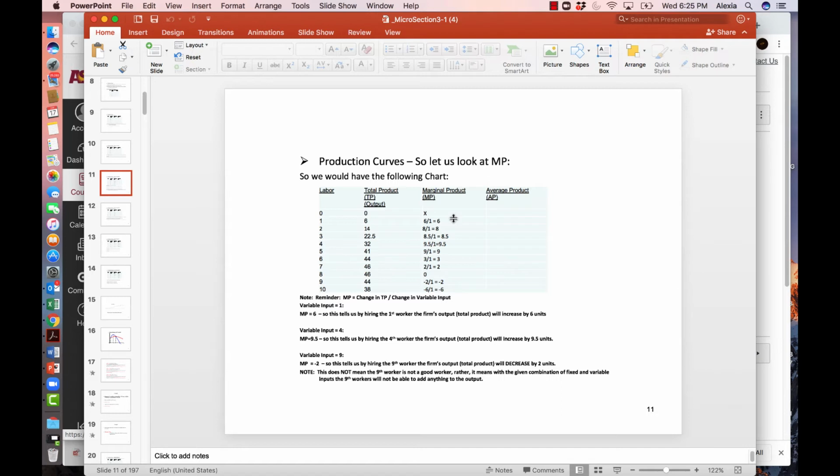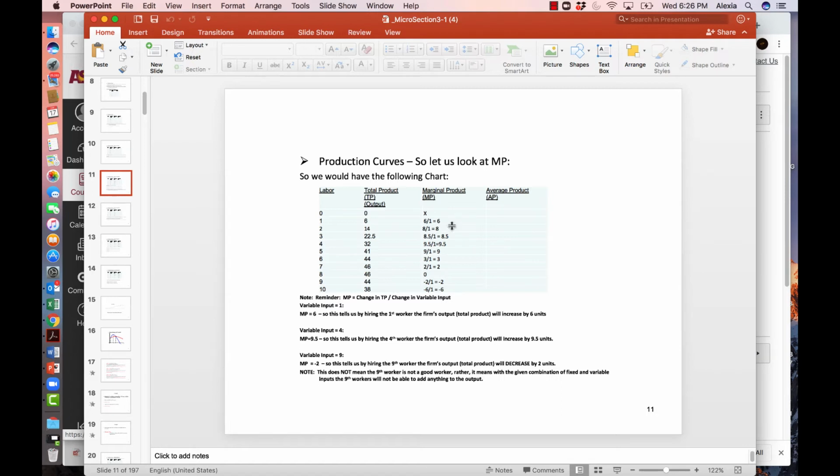I have all the numbers here, but you need to understand how we get these numbers. So this slide 11 is really, really important. Marginal product is how much my output changes when my variable input changes. If I go from hiring 0 to 1 people, how much does my output change by? We see that going from 0 to 1 worker, our output goes from 0 to 6.